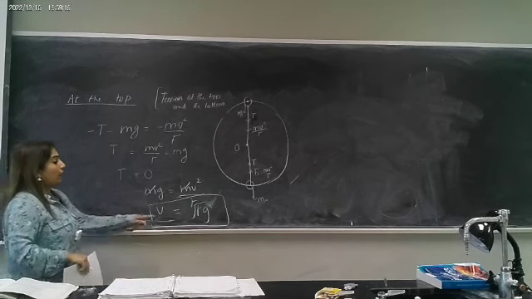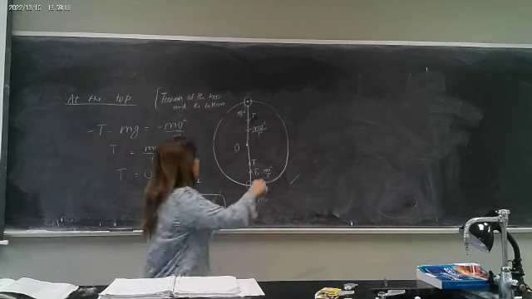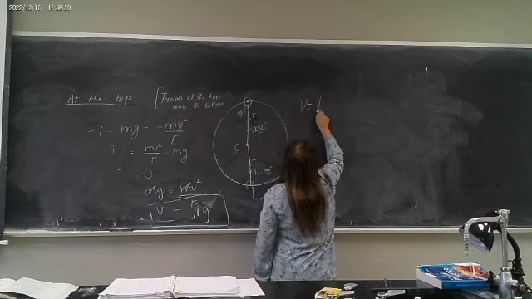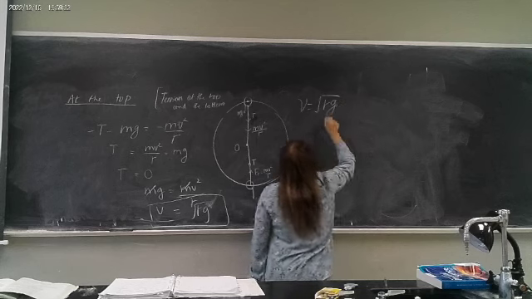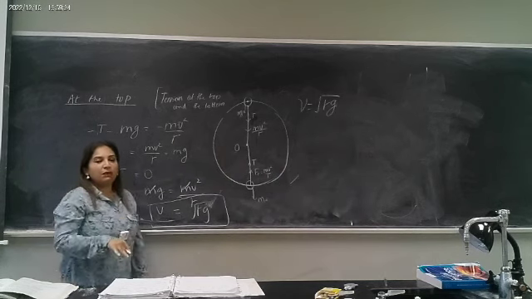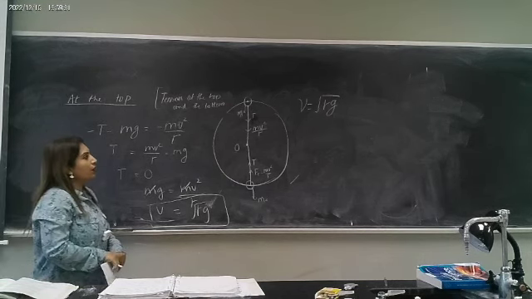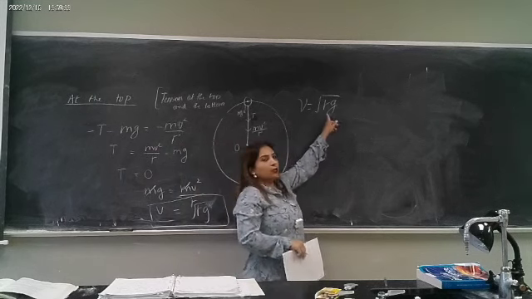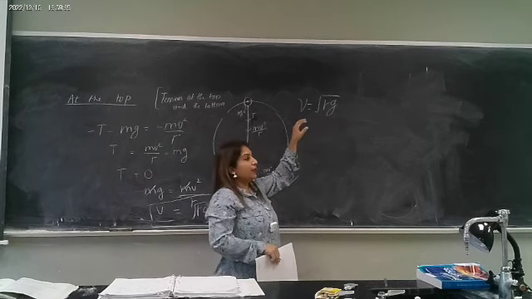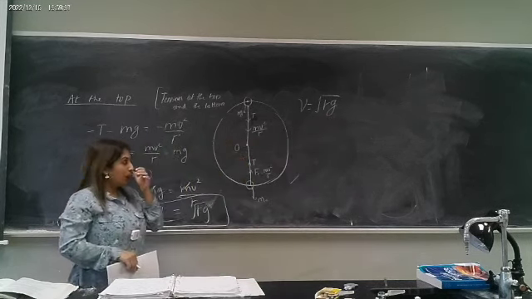So it has to go that fast. V should be equal to the square root of rg in order to have the minimum tension in the string. Otherwise, if the speed is not up to this value, then you would need some tension in the string to keep it on a circle.